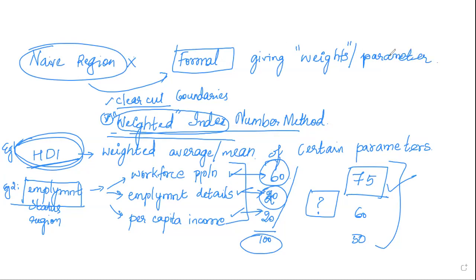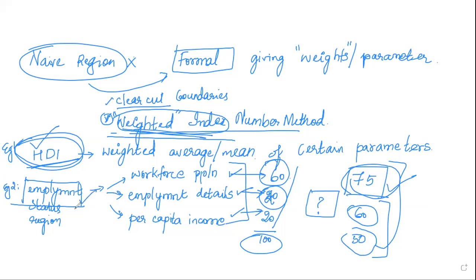and the areas with similar weights are separated, and I can easily say that this is having more weight, this is having less weight. Idukki and Pathanamthitta are having less weight. This is the weighted index number method, and the best example is the HDI index, which is brought out by UNDP. Another thing is something like this.